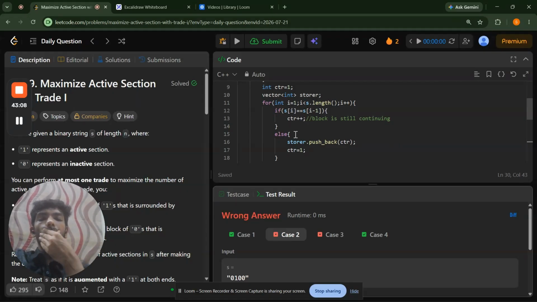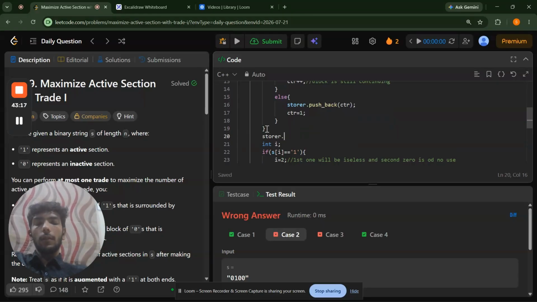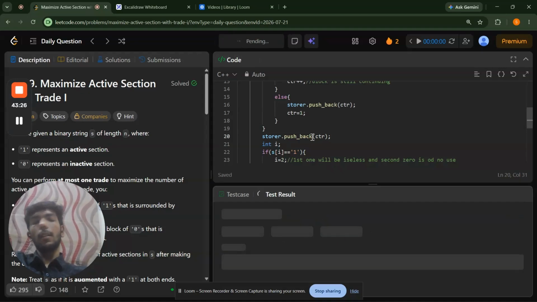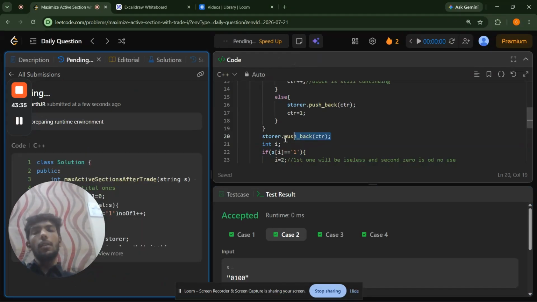Hmm. Okay, we need to push back the final counter, because after iterating the entire array, the count of the last block will not be pushed as a result. We need to push it outside.